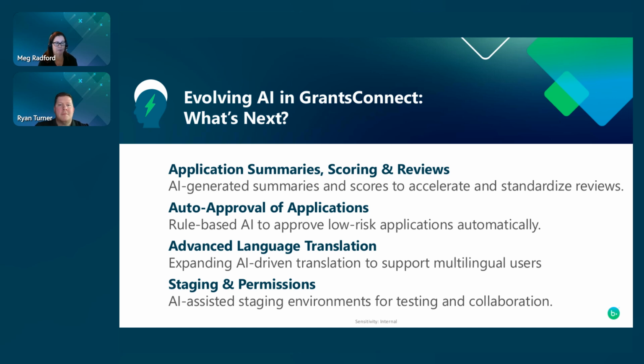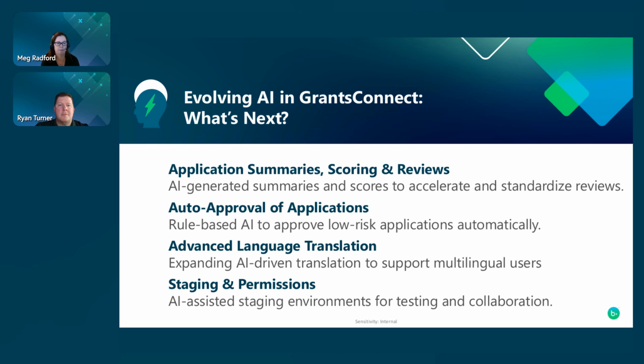So we're actively exploring some additional AI-powered features that might further enhance the platform. We're looking at AI-generated application summaries and scoring to help you review more quickly and more consistently.